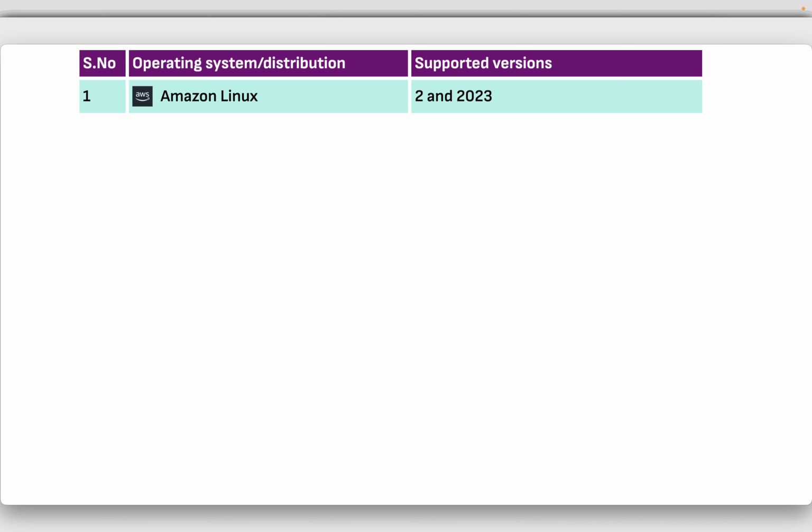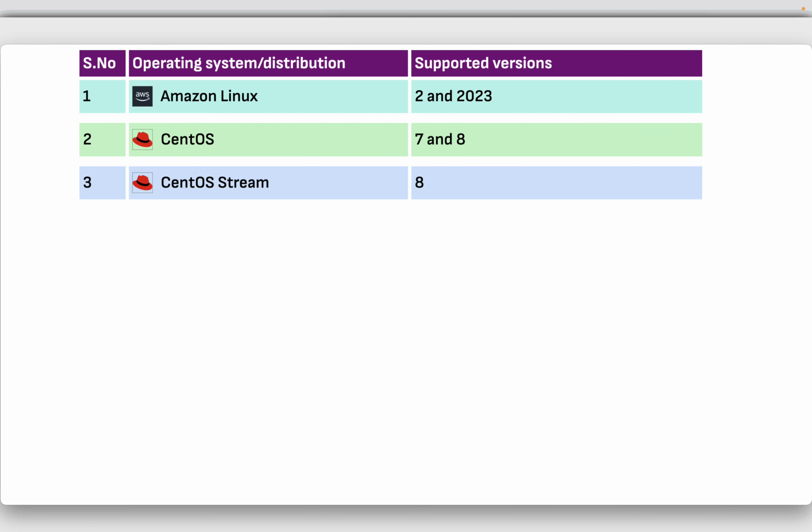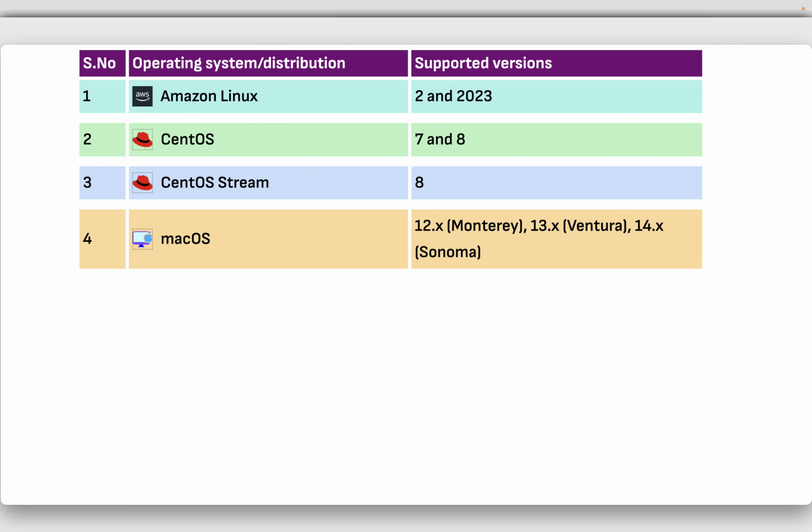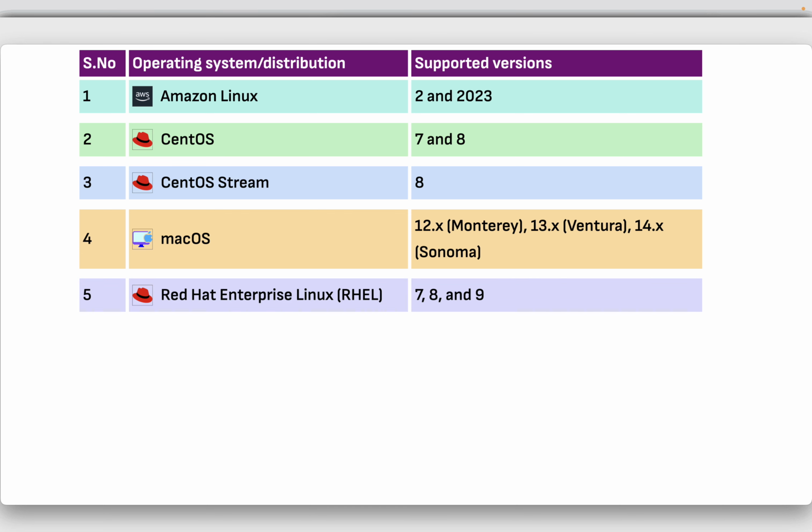So this is the operating system support. You have Amazon Linux 2 and 2023. Then you have CentOS 7 and 8, CentOS Stream version 8. Then macOS from 12.x to 13.x and 14.x. Red Hat Enterprise Linux, you have 7, 8 and 9.